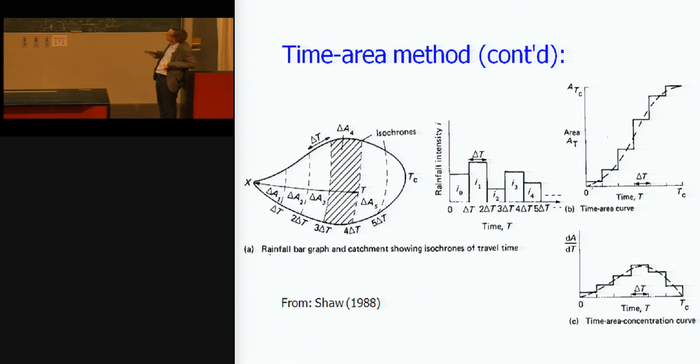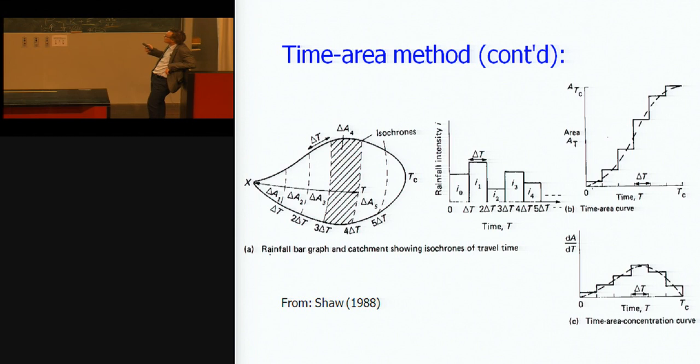You can also delineate your catchment into areas which have the same runoff response time. That means the same amount of time needed to flow from this point to the outlet. These are so-called isochrones, lines with the same runoff concentration time.